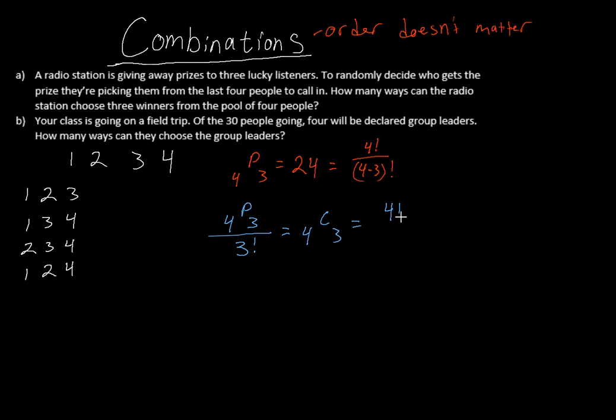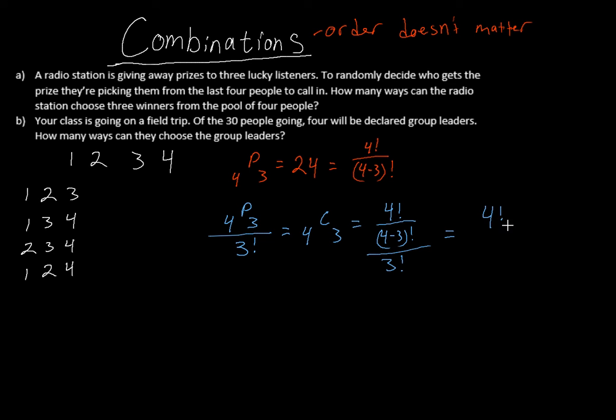So we would have 4 factorial divided by 4 minus 3 factorial. And now if I put this over 3 factorial, it's going to look really nasty. So we're going to multiply by the reciprocal. Or in lower level terms, you can say keep, change, flip. It's just not as fancy. We're mathematicians, we're going to sound fancy here.